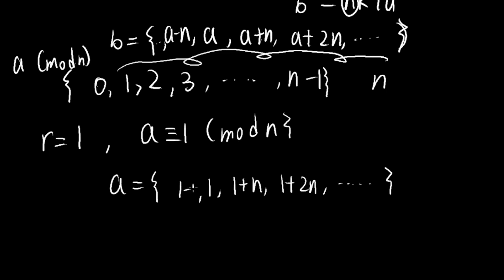It forms an arithmetic progression, as we've mentioned. The common difference is n, and it starts with 1. It is the same for the other remainders.